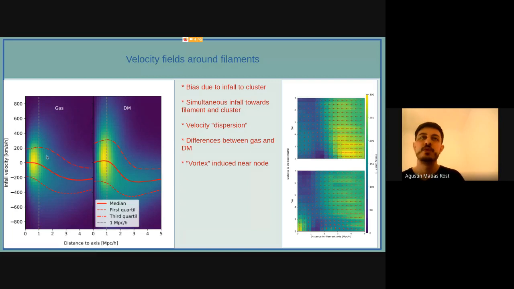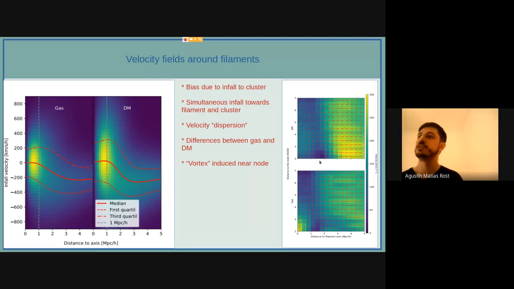For gas and dark matter, the trend is similar, but they have differences. Dark matter has a wider distribution of the velocities. This is because the gas feels the pressure, whereas the dark matter doesn't feel any pressure and is free to reach a wider range of velocities.